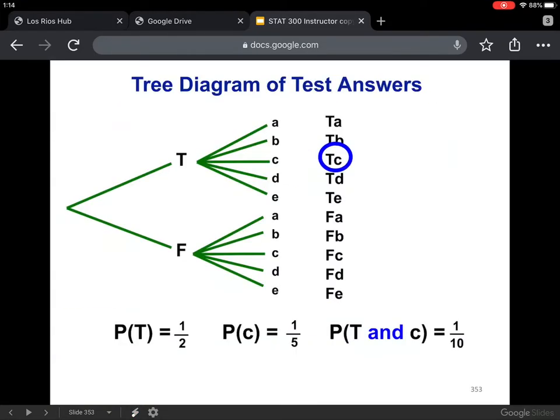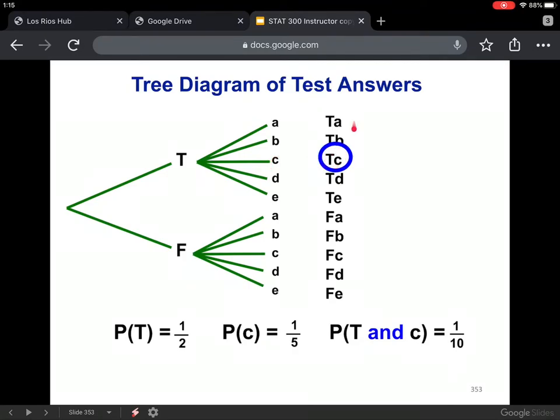And so what we could do is set up a tree diagram. It's very, very helpful to set up a tree diagram. The very first event here would be answering the true-false question. So you choose one or the other. There are 2 options, and one out of the 2 is going to be the correct answer. Then there is a multiple choice question that has 5 options, and one of those is true. Suppose that the correct 2 answers are true on the first and C on the second exercise, so TC would be the correct one.